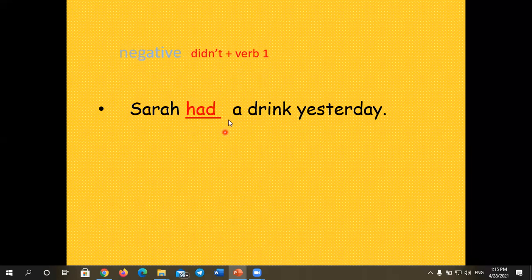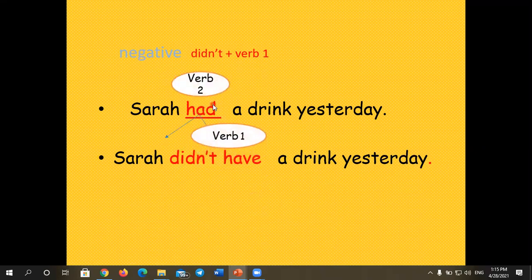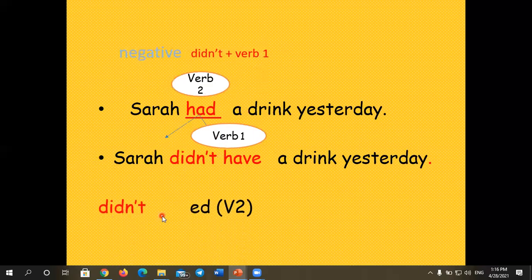Where is the verb? The verb is had. Now remember we use Mr. Did. Sarah did not have a drink yesterday. And remember to change had from verb 2 to have, verb 1. And remember, did not hates ed or verb 2.